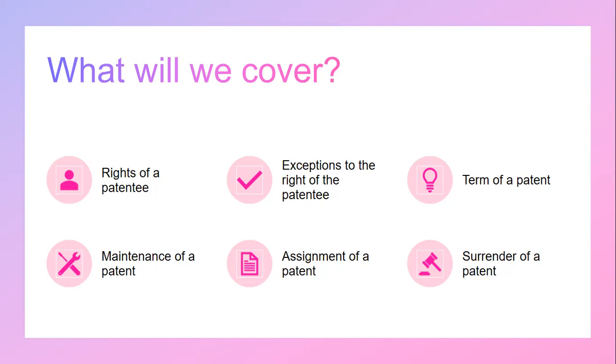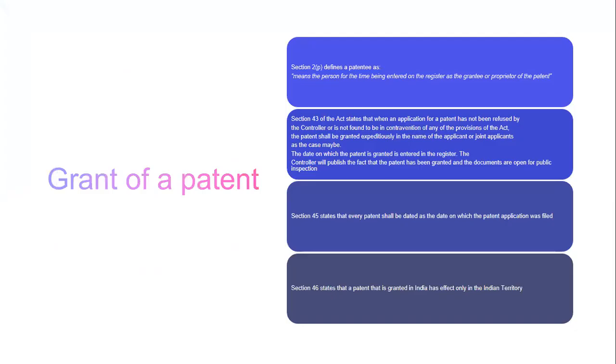Surrender is something which we can cover with revocation. But if I have time, I'll try to cover it today. So let's move forward. Now, grant of a patent. Section 2(p) defines a patentee. Why am I discussing the definition of a patentee? Because in examination, in multiple choice questions, there have been times when a question has come like 'Section 2(p) defines' and there are options.